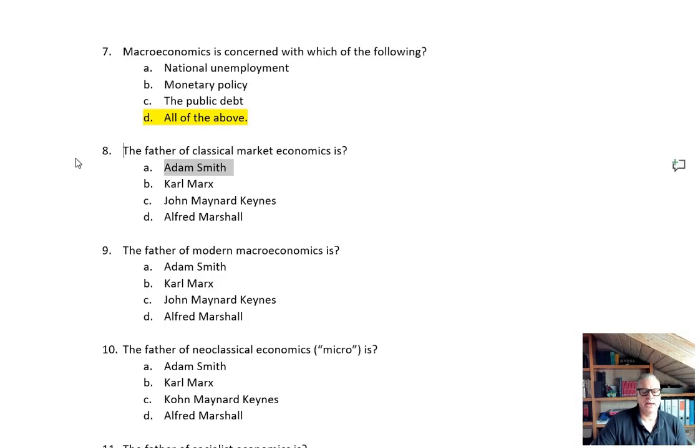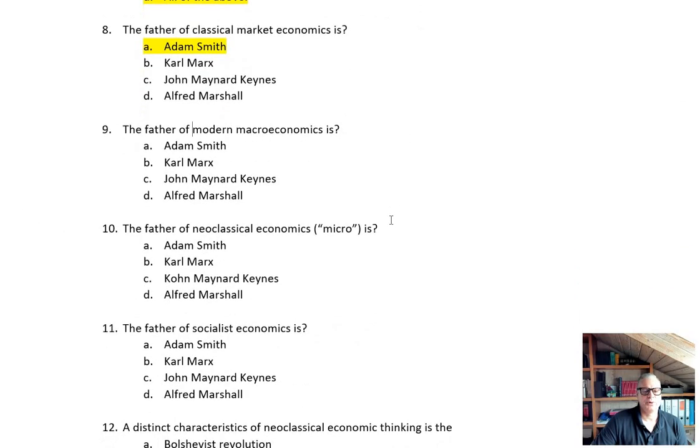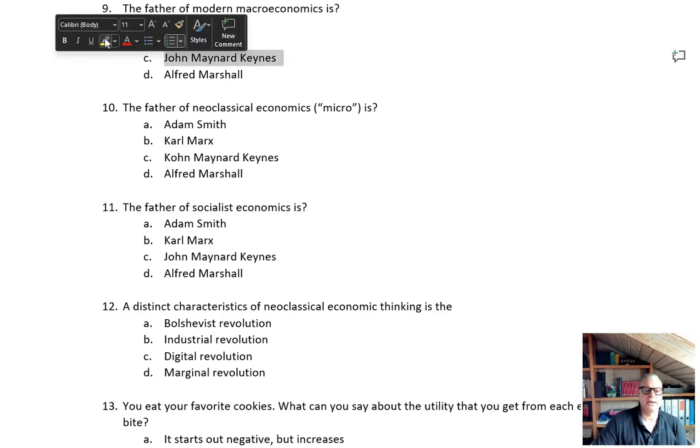That is Adam Smith. And here, next question, the father of modern macroeconomics is A, Adam Smith, B, Karl Marx, C, John Maynard Keynes, or D, Alfred Marshall. So that is Keynes.